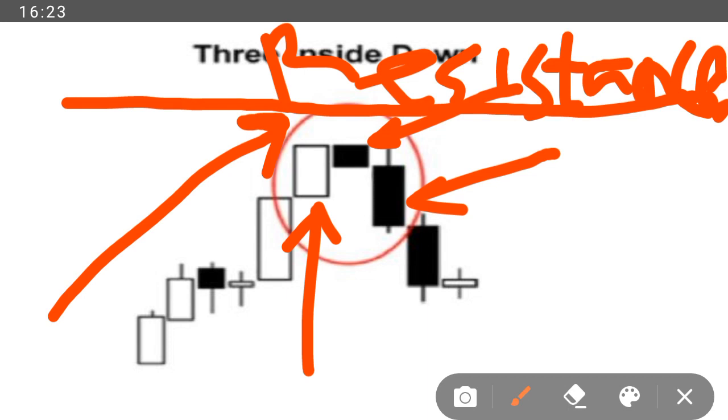Resistance is the one up, while support is the one down. So when we get to support and resistance, you will know more about it. So you know this support and resistance that I've been talking about.